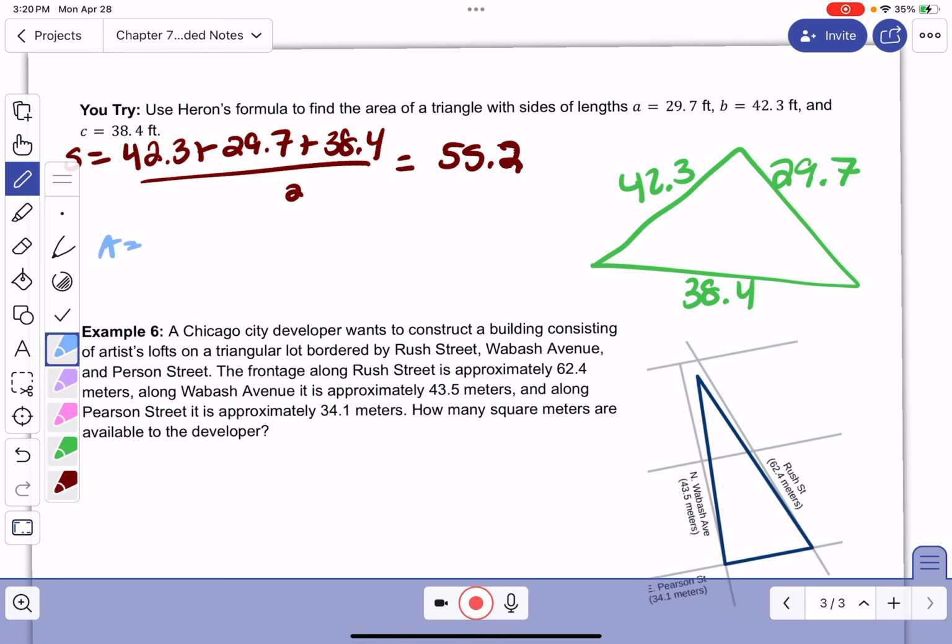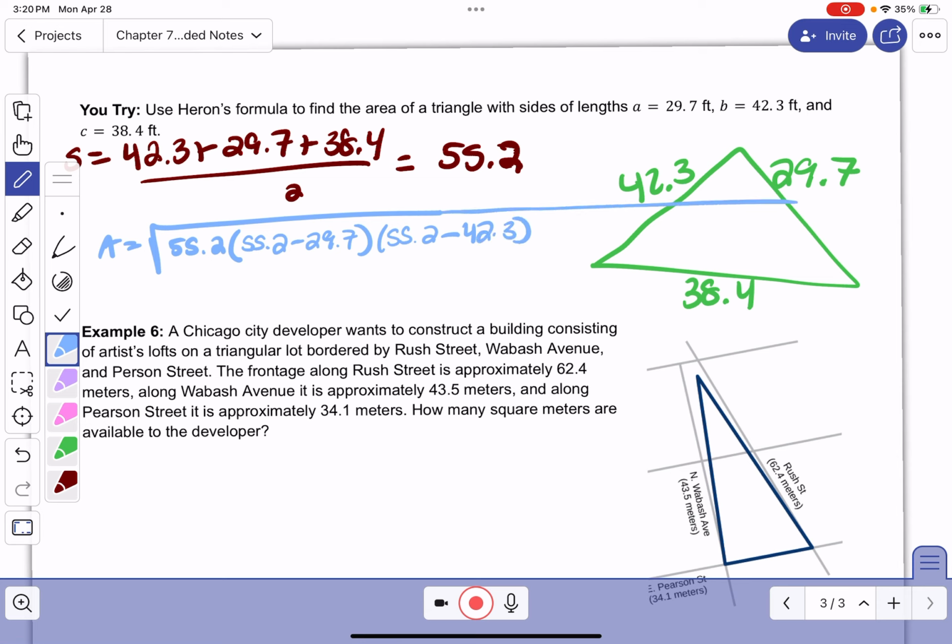Then I'm going to plug that in. So 55.2 times 55.2 minus A, 55.2 minus B. And because we're multiplying, the order doesn't matter. It doesn't matter if you put it with A first and then B first and then C first. What really matters is that you just get them all. And then when you do that out, you have 552.3 feet squared.